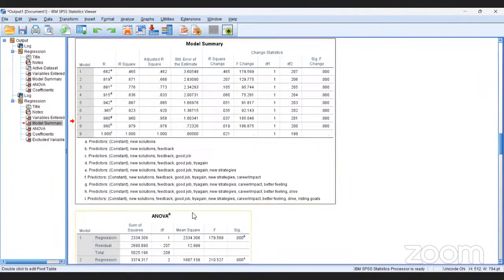That means the linear combination of these 9 variables could predict 98% of the variance of the dependent variable. This dependent variable is the total score. So it can predict 98%. This is clear to all of you?